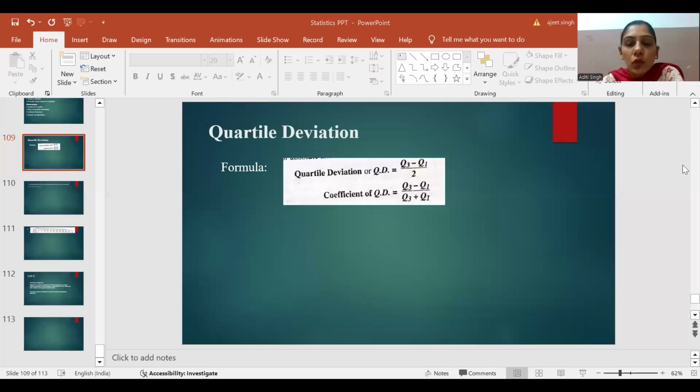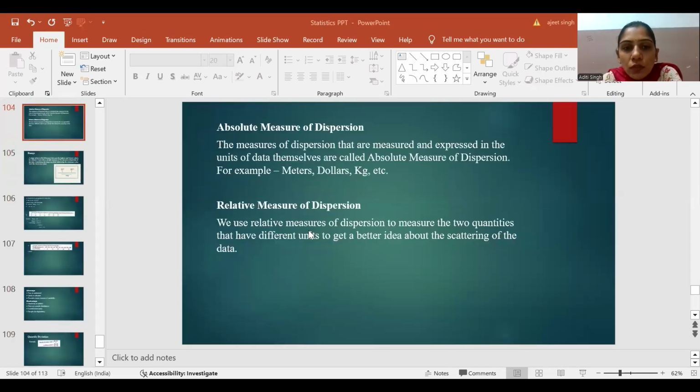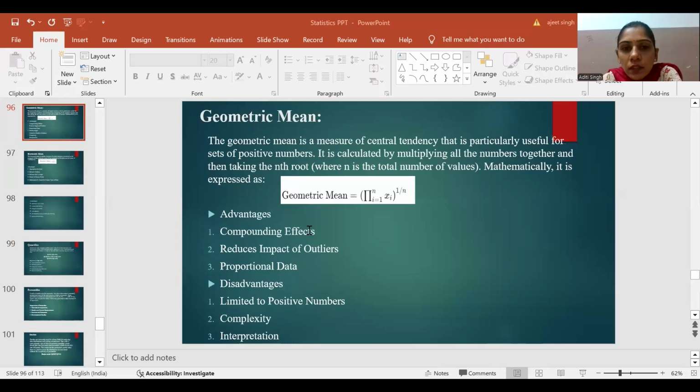The formula for calculating quartile deviation is QD is equal to Q3 minus Q1 divided by 2. If we have to calculate the coefficient of quartile deviation, the formula is Q3 minus Q1 divided by Q3 plus Q1.